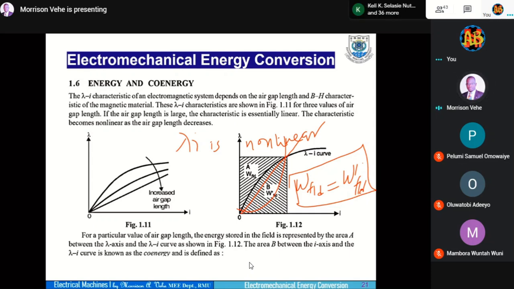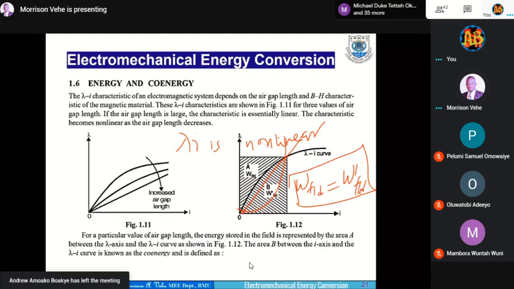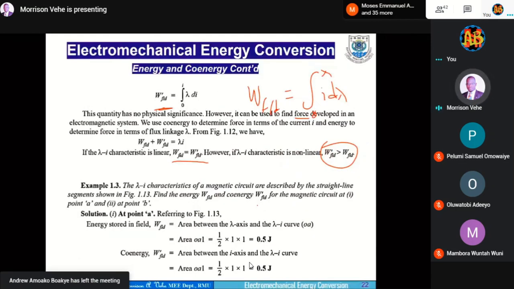So you could have a situation where your air gap length is so small, but you may not want to neglect it because it still has influence on the system. That can also lead to a non-linear situation where your energy is bigger than the co-energy. So that can be an issue. It all depends on the air gap.